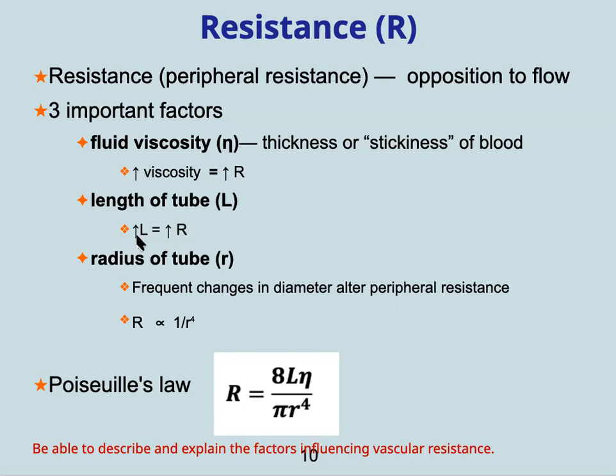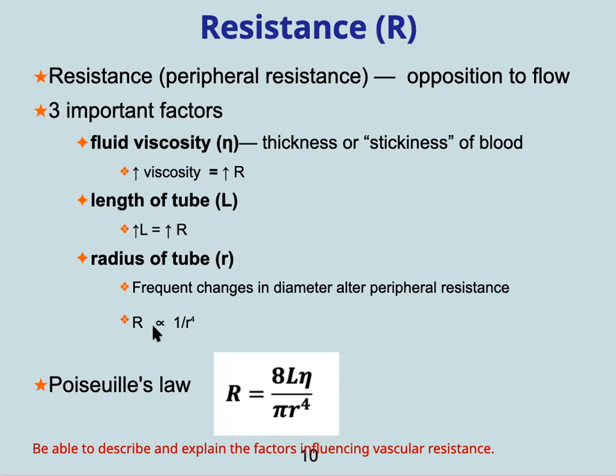We have the same relationship between the length of the blood vessel and the resistance. Increasing the length, a longer blood vessel would have more resistance than a shorter blood vessel of the same diameter. Finally, the radius of the blood vessel is the most important factor.